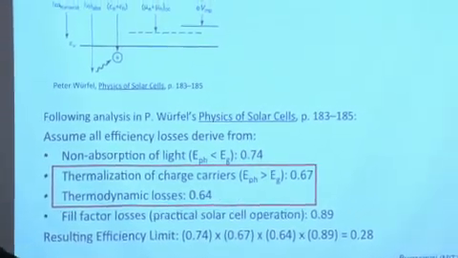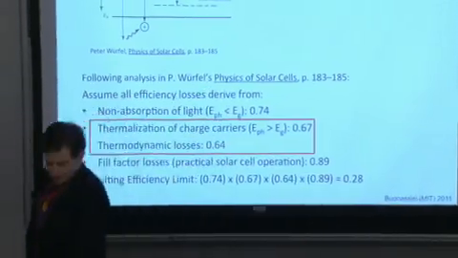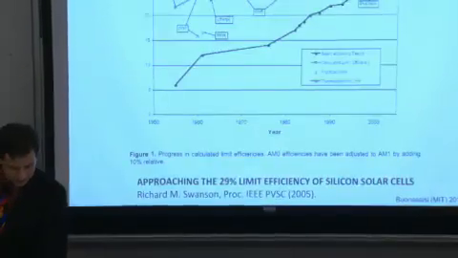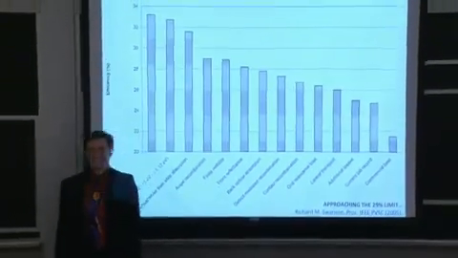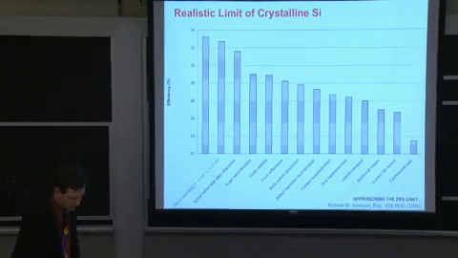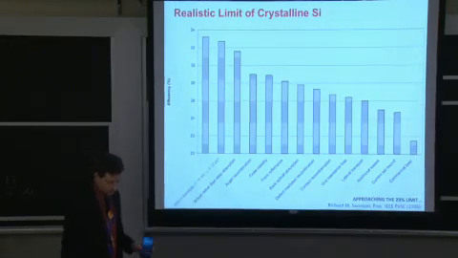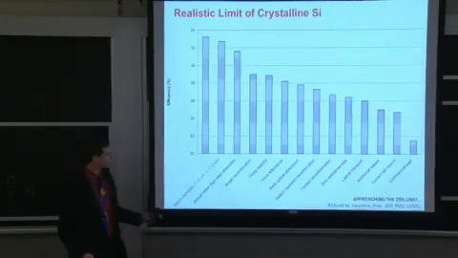Now, you can take this further. You can say, well, these are only 4 of the many parameters that impact performance. I would like to look at many, many more. And that's what one has done for crystalline silicon, which is arguably the most researched from the point of view of physical understanding, advanced solar cell technology.